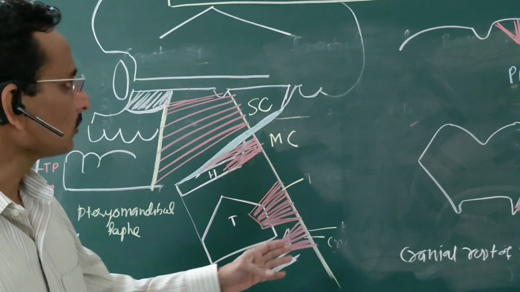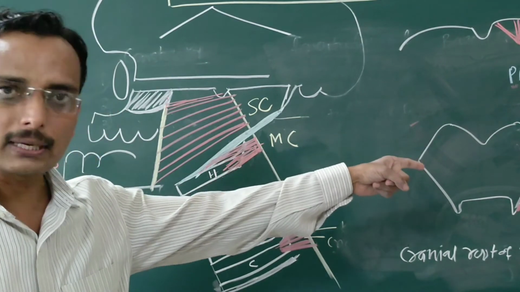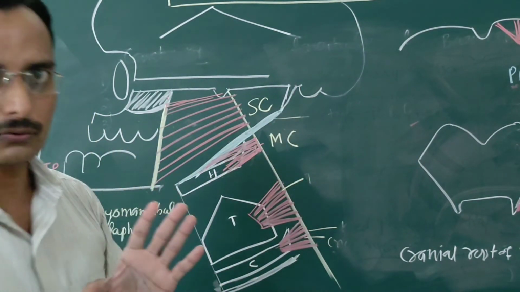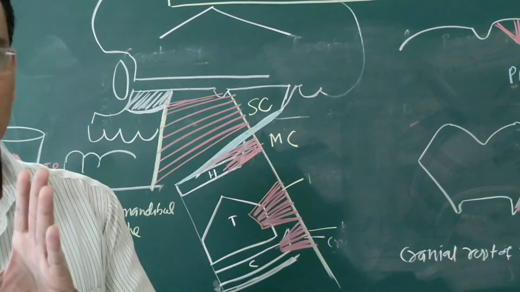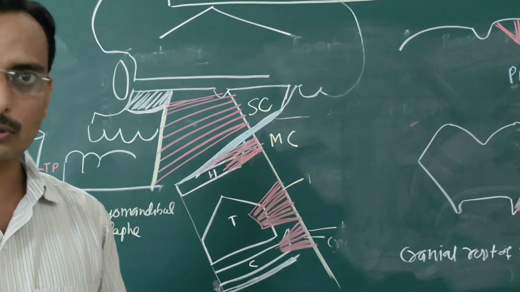That is the nerve supply of all these muscles, except stylopharyngeus, which is supplied by the glossopharyngeal nerve. So this is the nerve supply of the pharyngeal muscles. I hope you understand this topic very well.